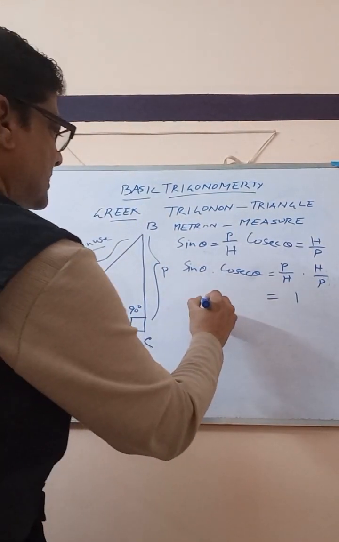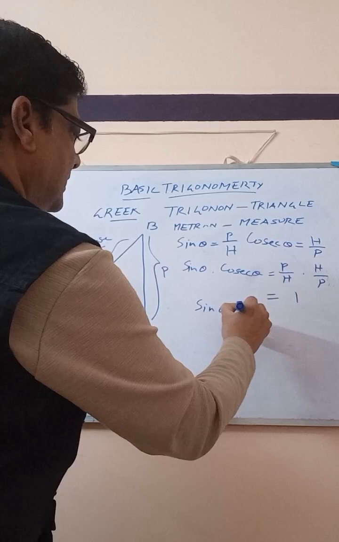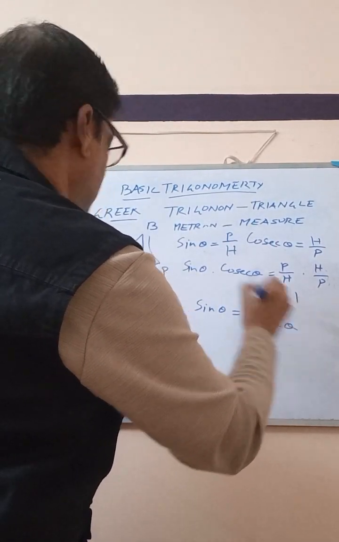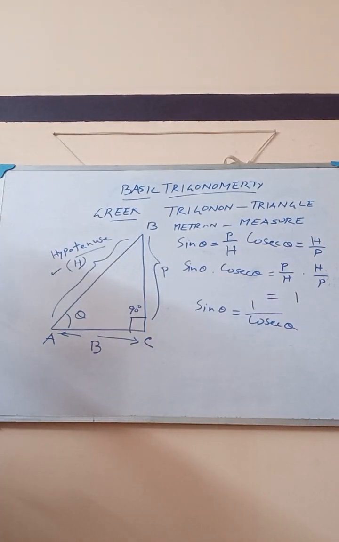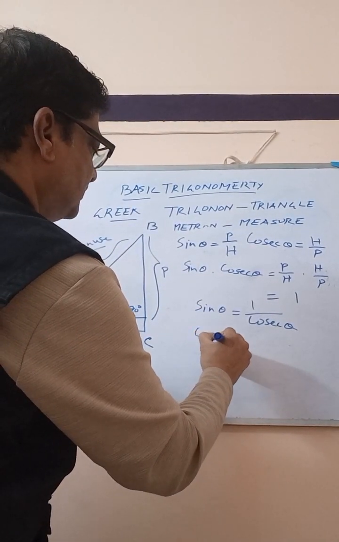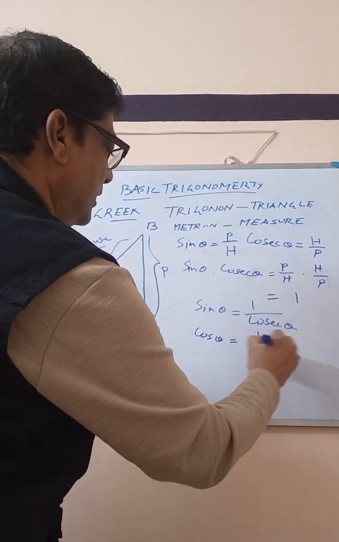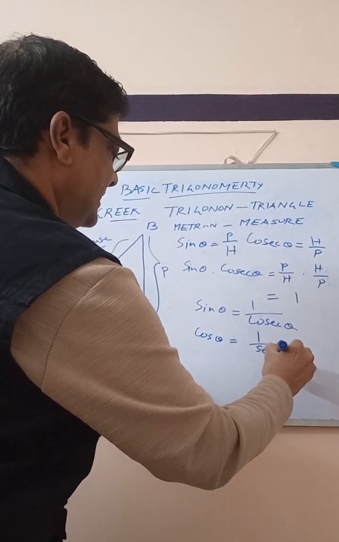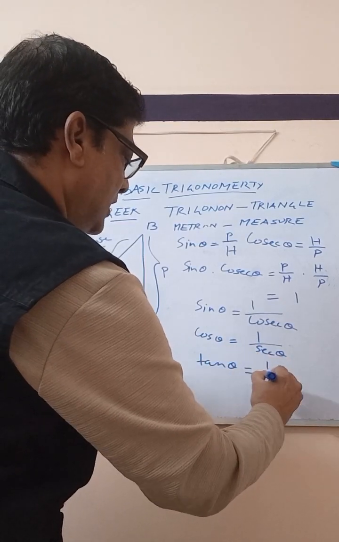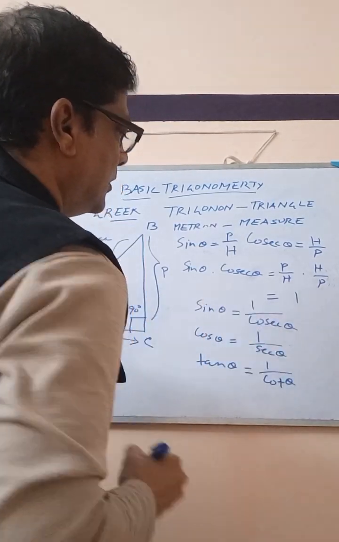That means sine theta, I can write as 1 by cosec theta. Similarly, cos theta will be 1 by sec theta, and tan theta will be equal to 1 by cot theta.